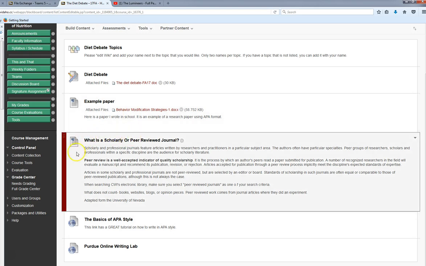In addition, you need 5 sources that come from peer-reviewed journal articles. A peer-reviewed journal article is research that has been peer-reviewed by experts in the field and is original research. This is where people actually do the experiments.